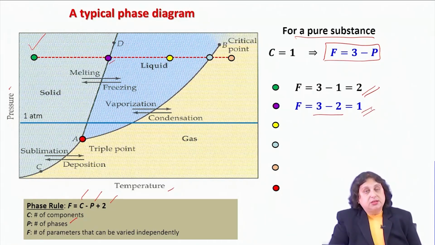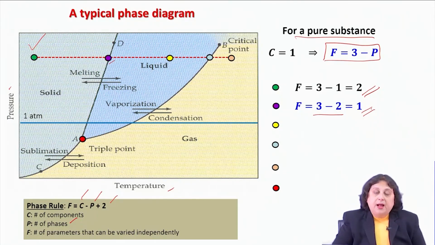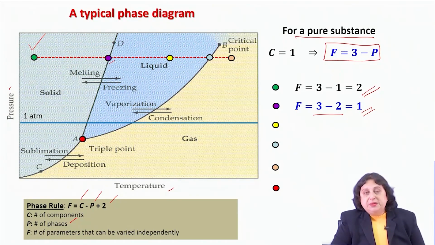Therefore, under the condition where I have 2 phases coexisting in equilibrium, I can vary only one parameter, which means that I cannot independently vary both temperature and pressure if I want to have both the phases in equilibrium.